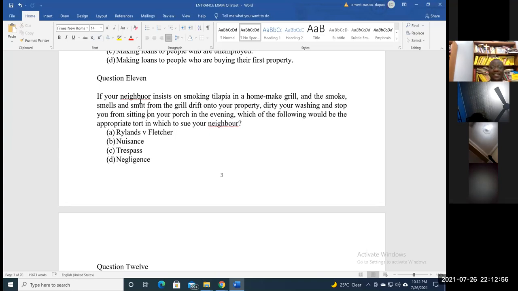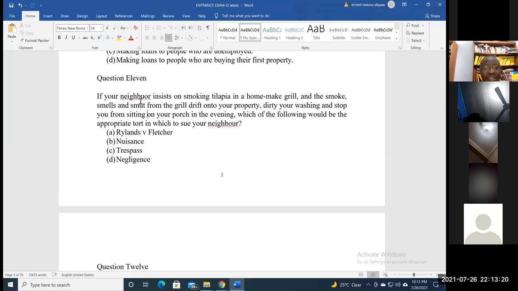Nuisance, yes. Nuisance, because that is interfering with your enjoyment of your land. The smoke is making it impossible for you to sit on your porch, isn't it? So that is more likely to be the correct answer.